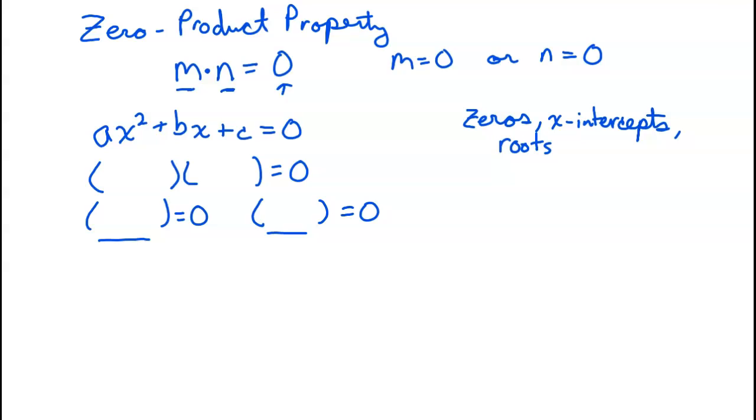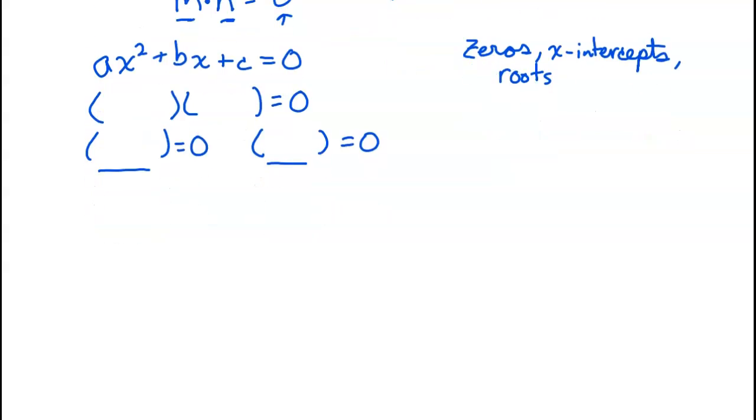Now, let's look at an actual example of how we would solve a problem. So if we want to solve 6x squared plus 11x is equal to 10.